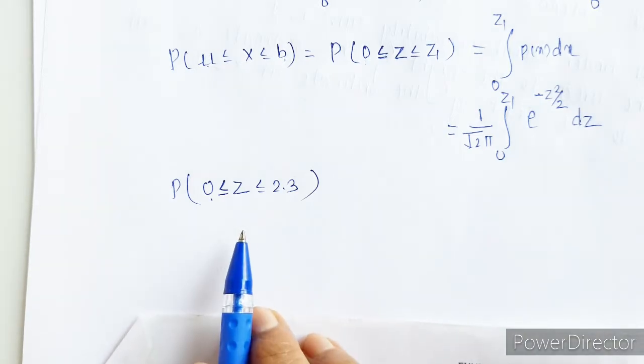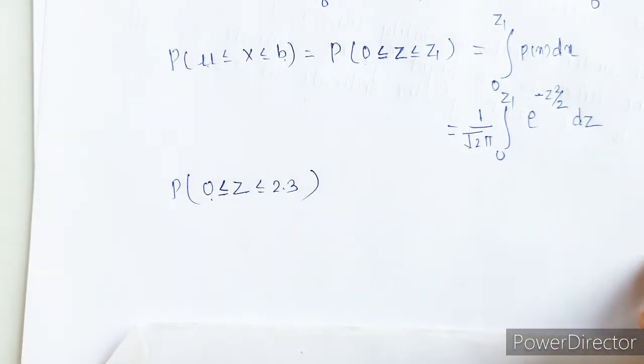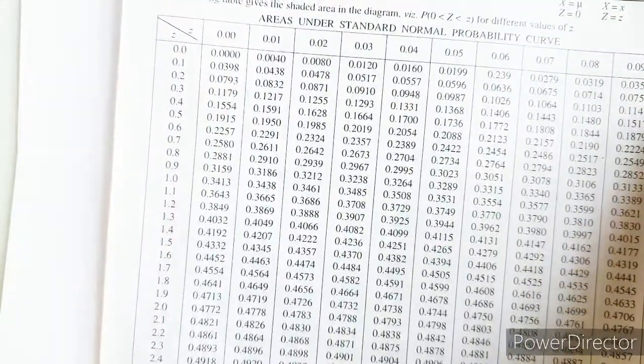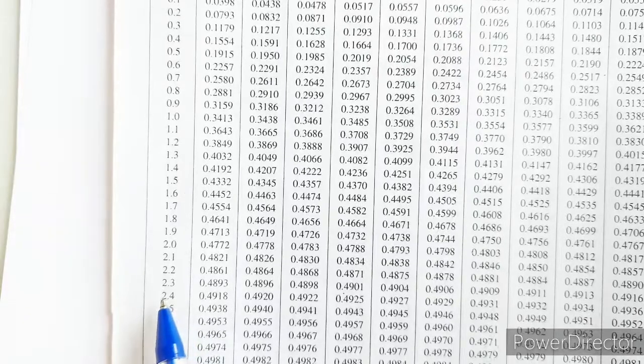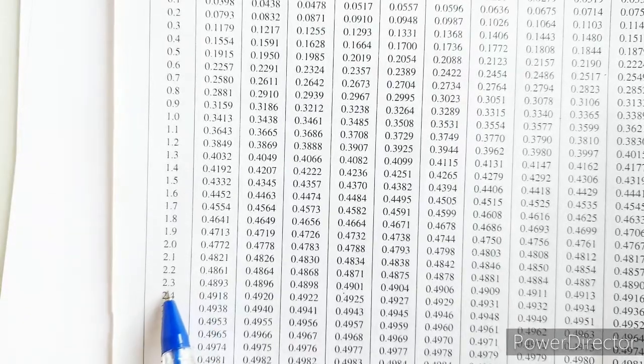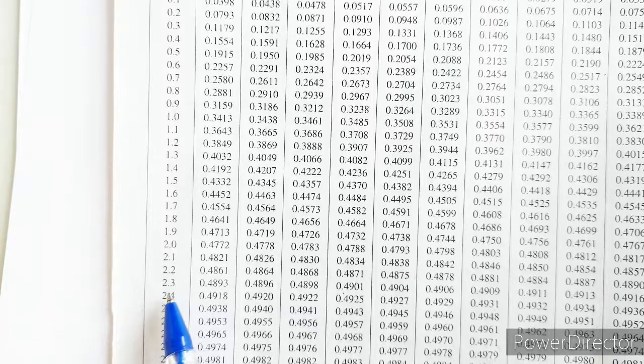We need to find the area from 0 to 2.3. How do we find this? In the table we have to look for 2.3. So here we have 2.3 and this is 0, so 2.3 is nothing but 2.300.